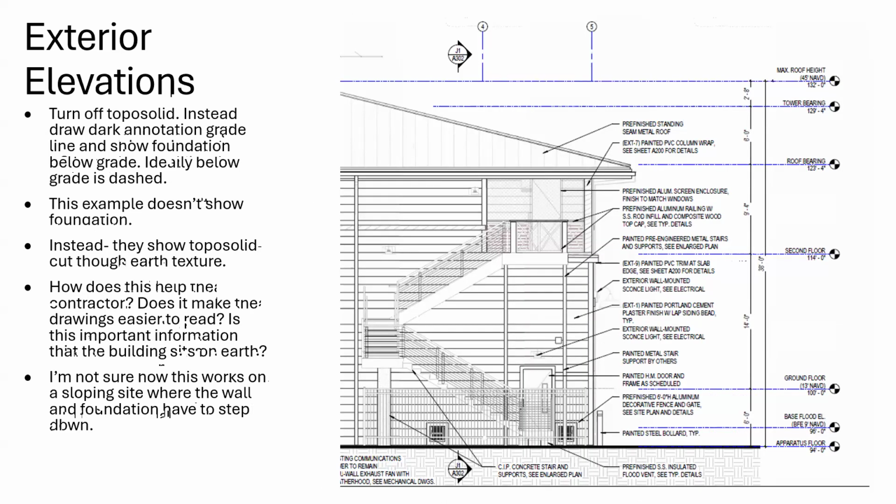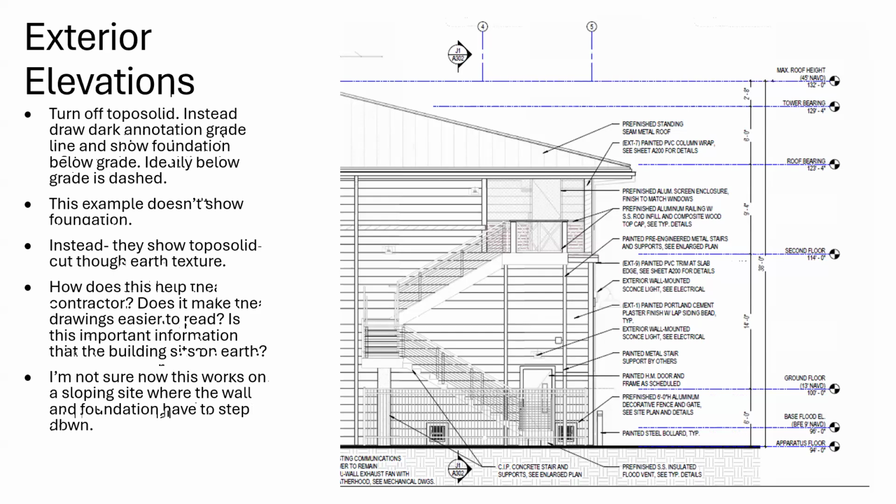So you can see they did their keynotes just with notes, but then they also noted not only the material, but how it's finished. So this is an important point. Painted metal stair support by others. It could just as easily have been galvanized metal where it's left galvanized exposed, or it could be powder coated metal. Or if it's aluminum, it could be anodized aluminum.